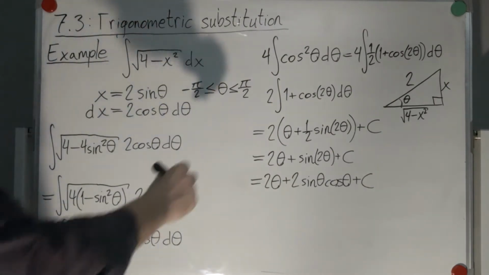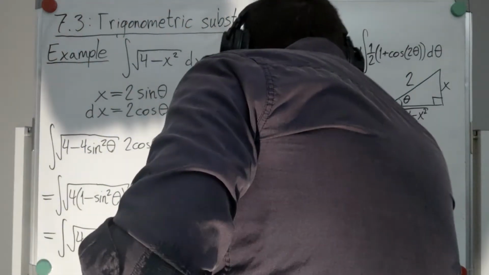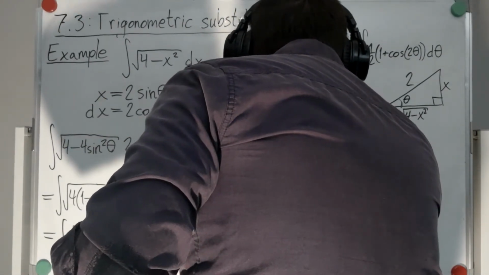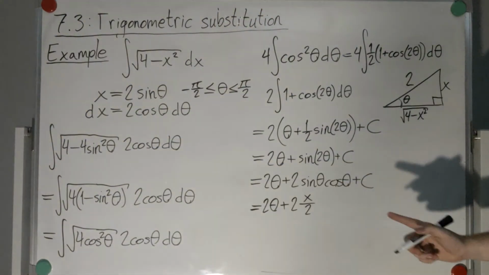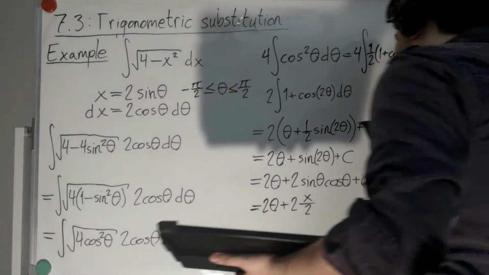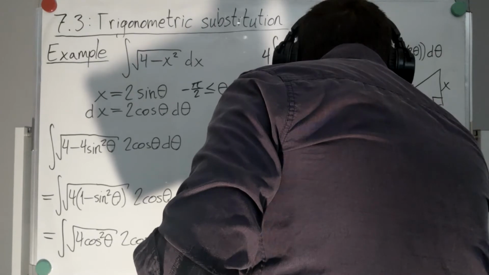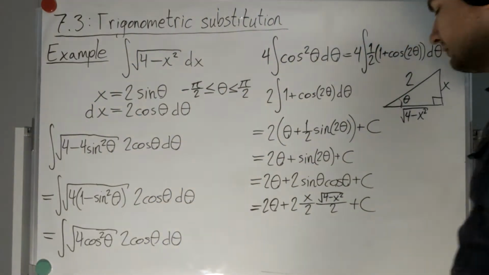Okay? And then sine theta, well, we already know that's x over 2. So this is 2 theta plus 2 times x over 2. And then cosine theta, we know that's going to be adjacent over hypotenuse. So that's going to be square root of 4 minus x squared over 2. Okay?